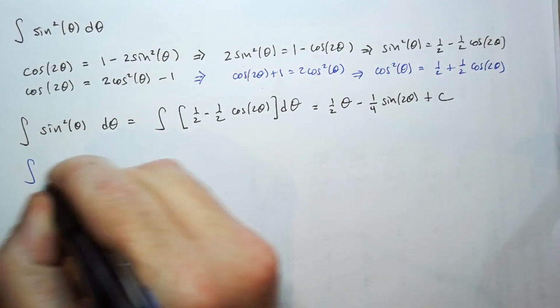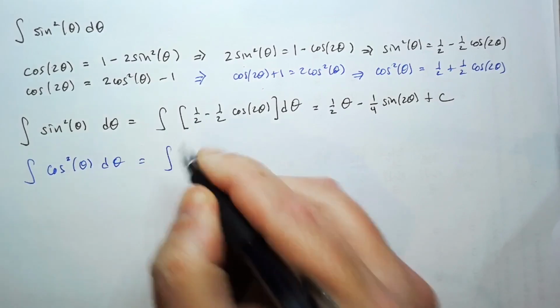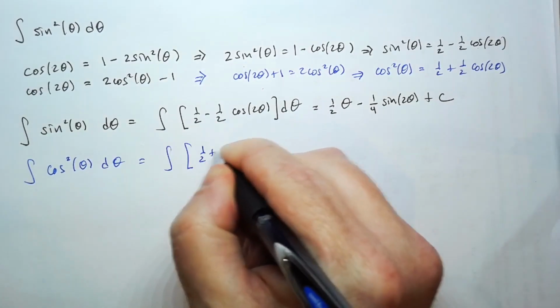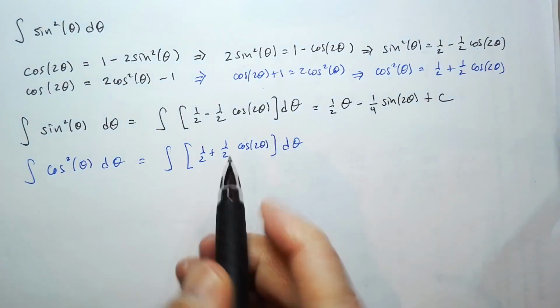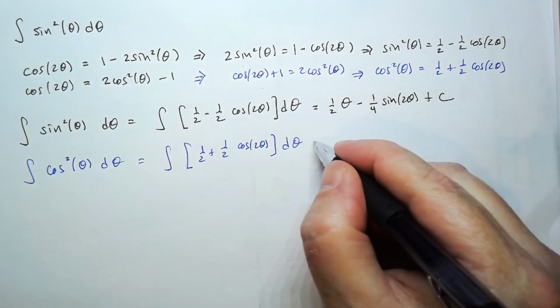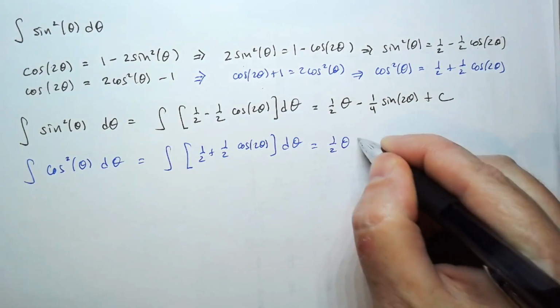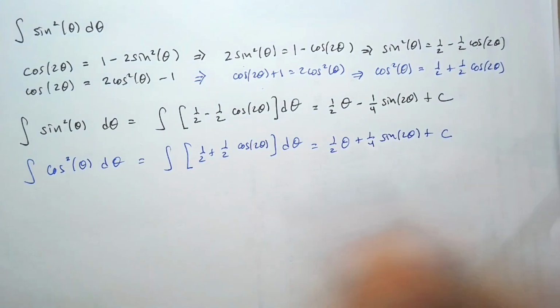So if we want to integrate cosine squared of theta d theta, we merely replace cosine squared with this equivalent expression. That's going to look very much like our last indefinite integral, except there's a plus sign here. So we should get 1/2 theta plus 1/4 sine 2 theta plus c.